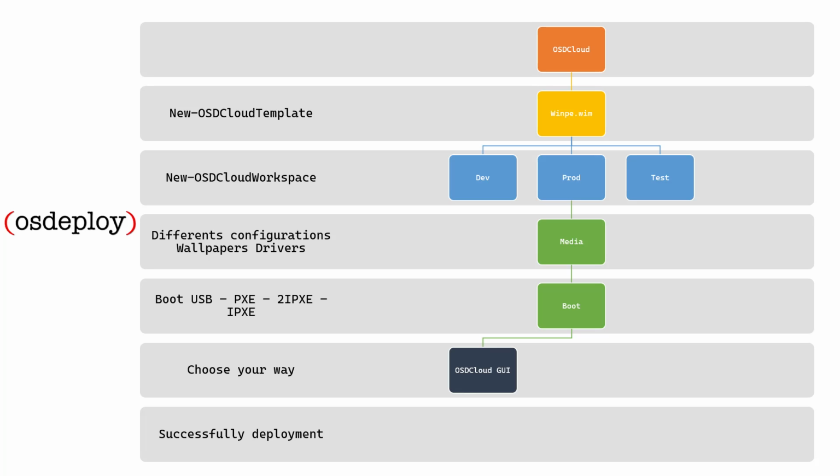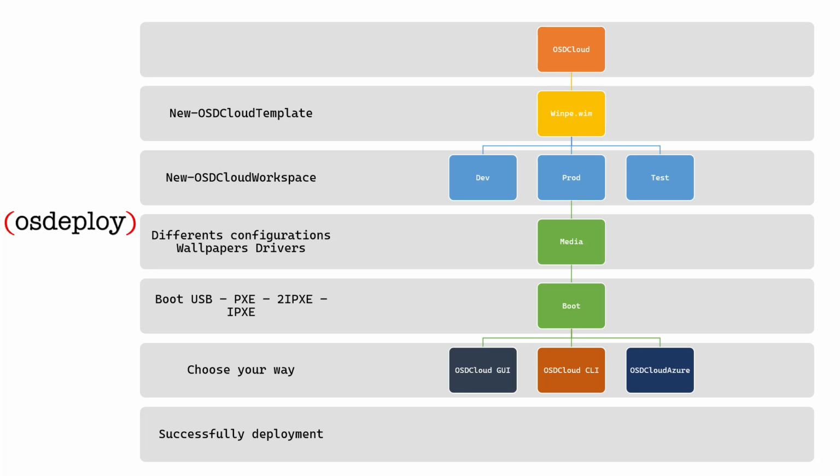When you have this, you can choose your way to deploy your solution. You can use OSDCloud GUI in order to select your image, or you can use OSDCloud CLI, and if you want more control, you can use OSDCloud Azure. What are the differences between the three solutions? OSDCloud GUI and OSDCloud CLI use the same sources, Windows Update, for images.